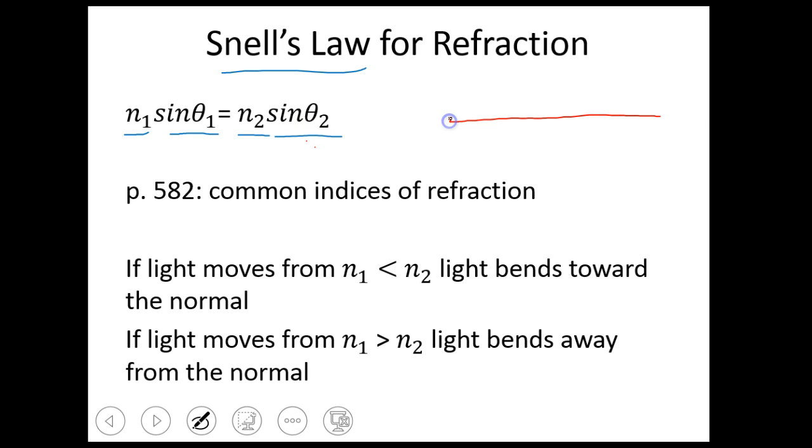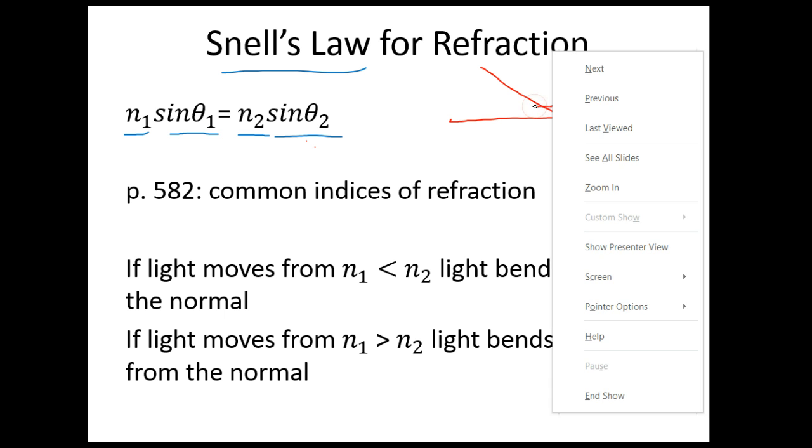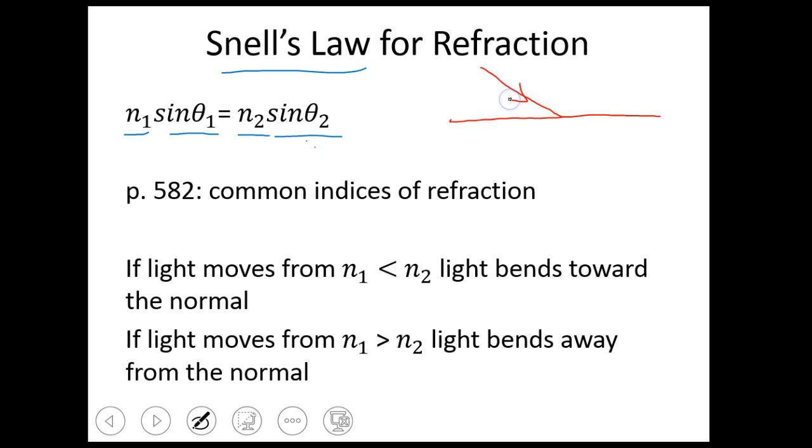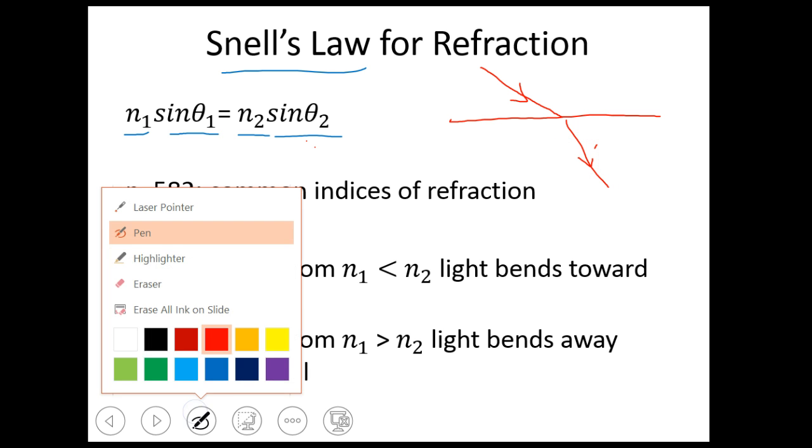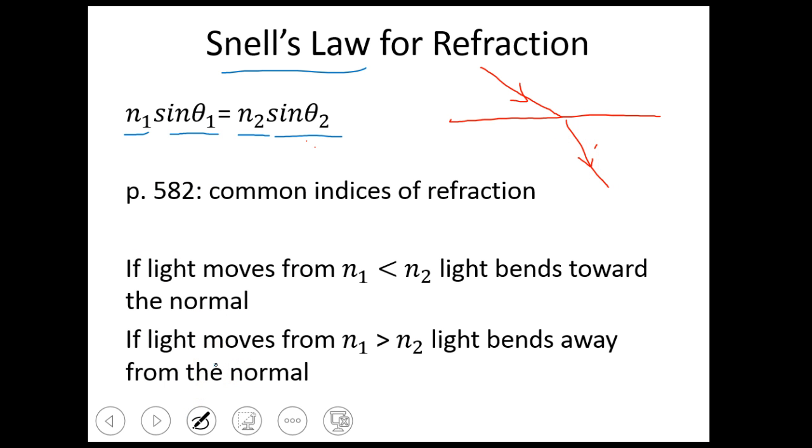And so again, I have an incoming light ray, and it bends. These angles are specifically talking about the distance between those light rays and the normal. And so this is theta 1, and this is theta 2.